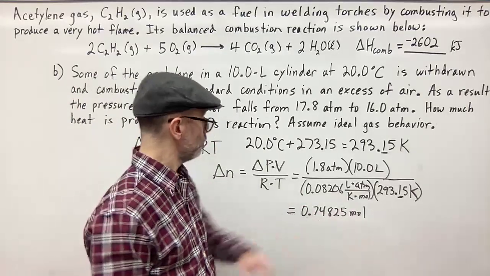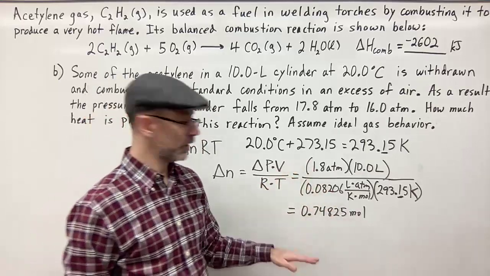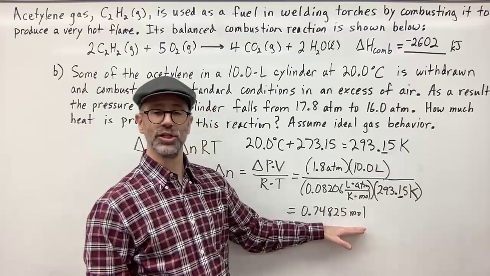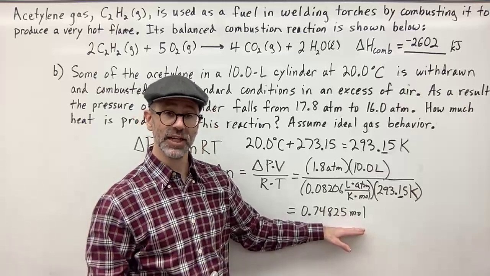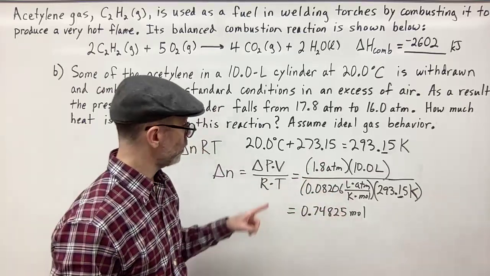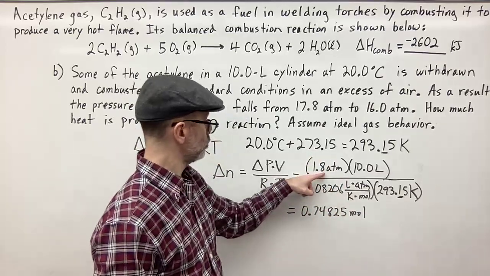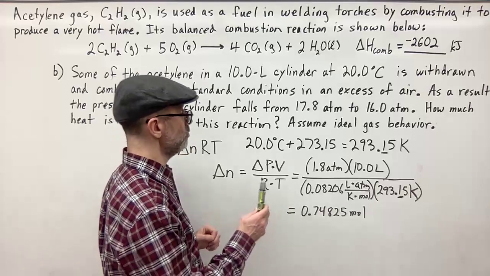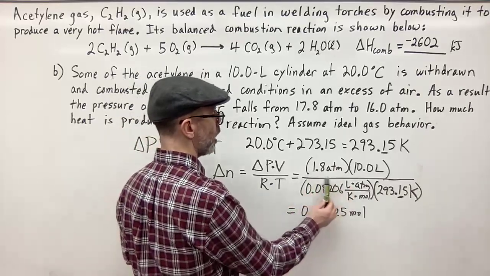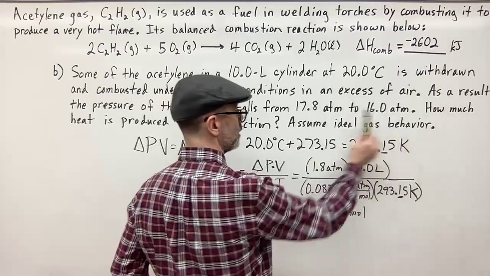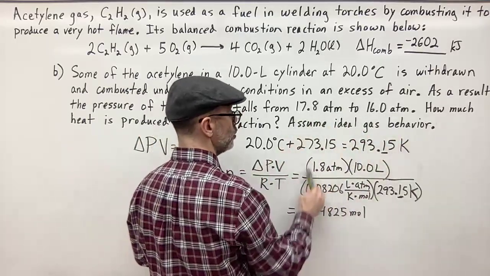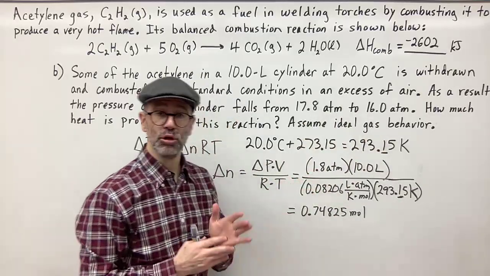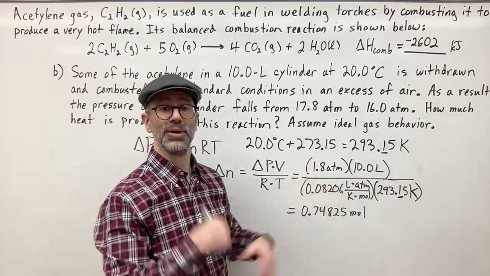Okay, so now we've got to go back to sig figs. Remember that when we're multiplying and dividing, the rule is that our answer should have the same number of sig figs as the least number here. So here I have 2 sig figs, and the reason I have 2 here is because I subtracted. When you subtract, the rule is that your answer should have the same number of decimal places.